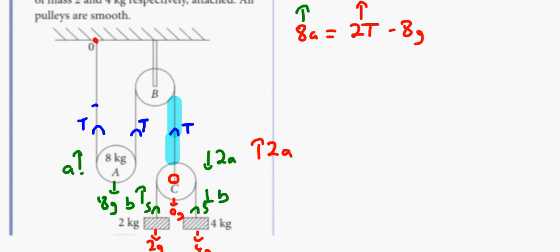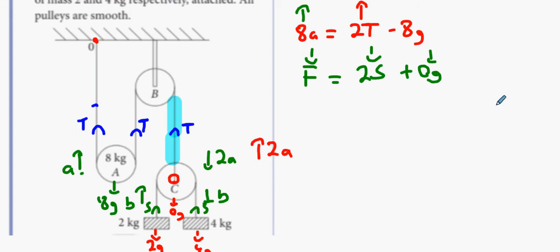Now, C has no mass, so force of C, we'll do it in green. If it's going downwards, C is getting pulled down by S, so it's 2S going downwards. It's 0g because it has no weight. Weight would be going downwards, but it doesn't actually have weight.